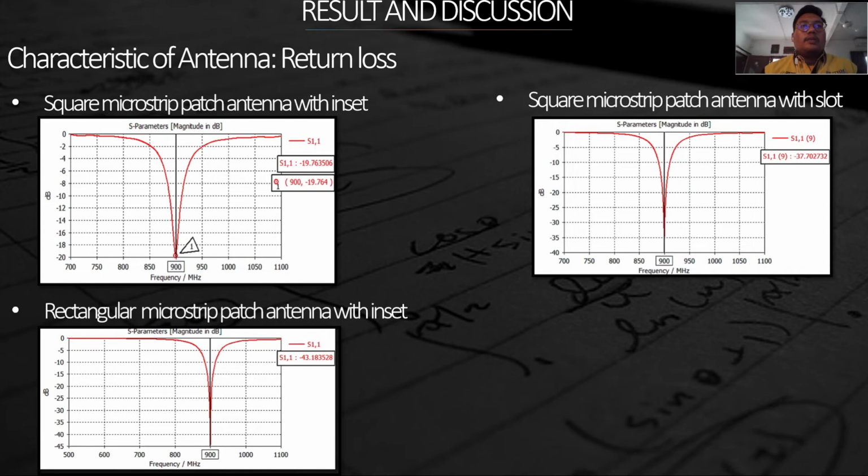For the rectangular microstrip, the S11 is negative 43.18 dB at 900 megahertz, and the last one, the square microstrip patch antenna with slot, the S11 is negative 37.7 dB at 900 megahertz.